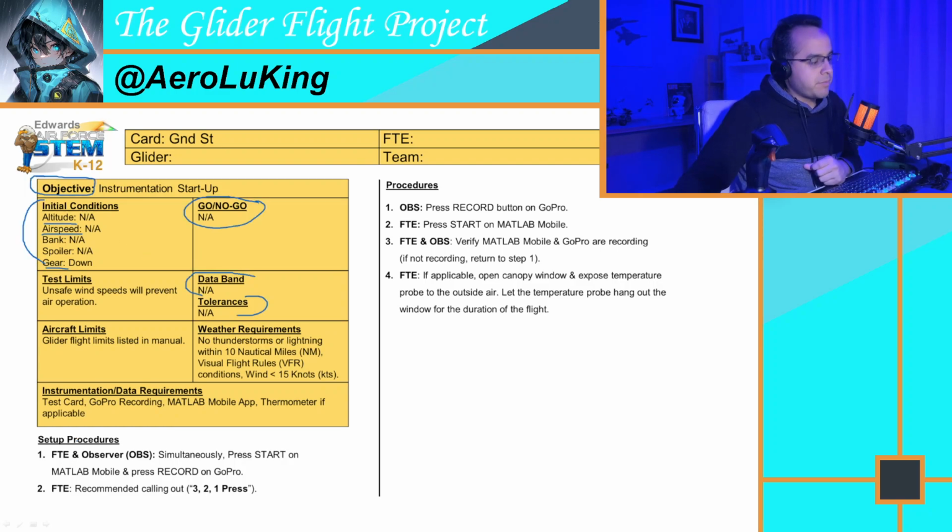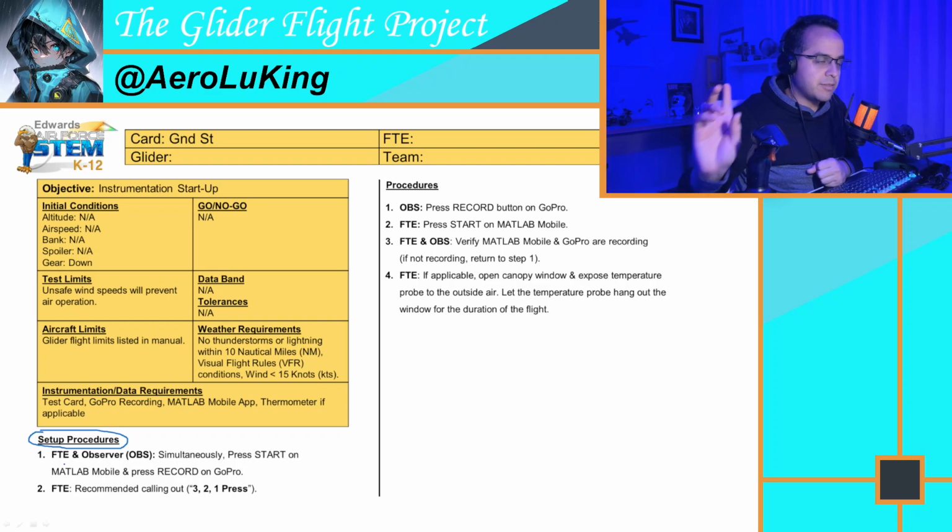Moving down, you'll have sections where it'll tell you, hey, here's your setup procedure, and some other information you might need to set up that test point. In this case, it's saying the FTE, the flight test engineer, again, will be using acronyms, and the observer, or the OBS, should simultaneously press start on the MATLAB mobile and record on the GoPro.